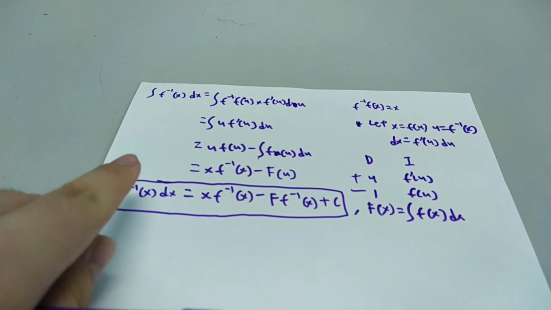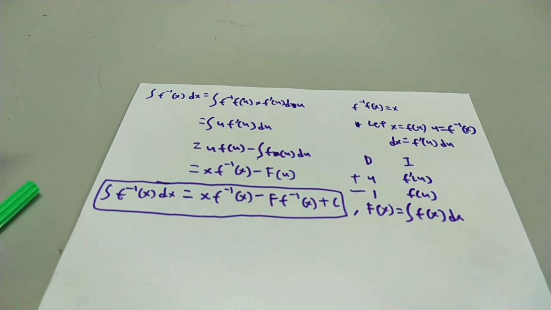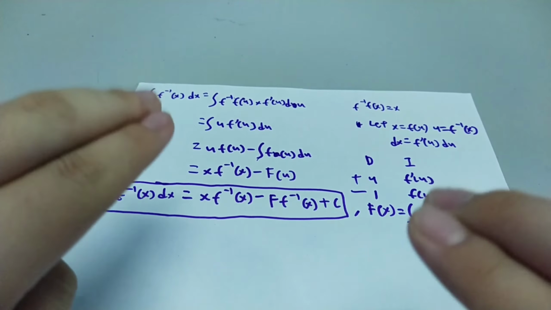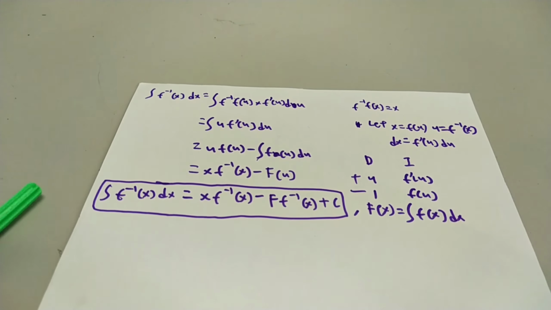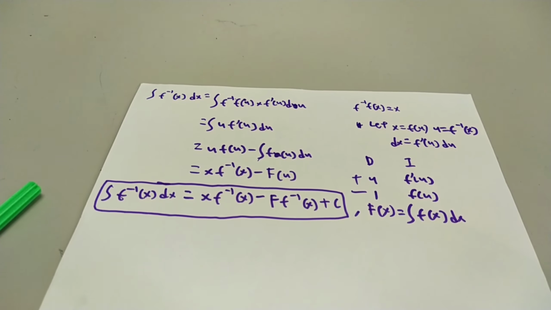So what we basically do is we are changing the inverse function to its original function. So this is one of the integration shortcuts that you may apply when you need to solve an integral, so we can solve the integral more easily.